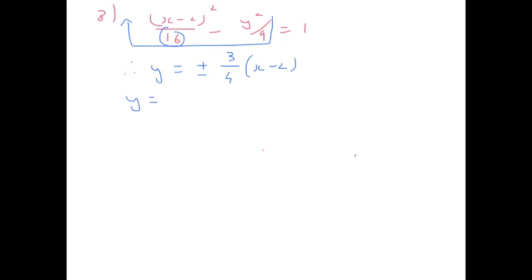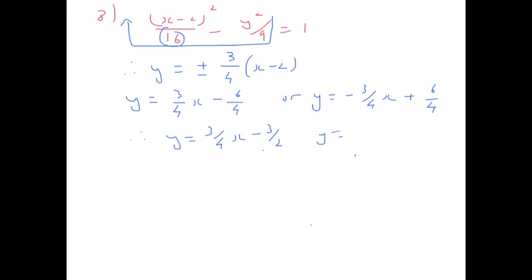So we've actually got y equals 3/4 of x minus 6 on 4. We'll fix that in a second. Or you've got y equals negative 3 on 4x plus 6 on 4. Therefore y equals 3/4 of x minus 3 on 2. Y equals negative 3/4 of x plus 3 on 2. And that's option A.